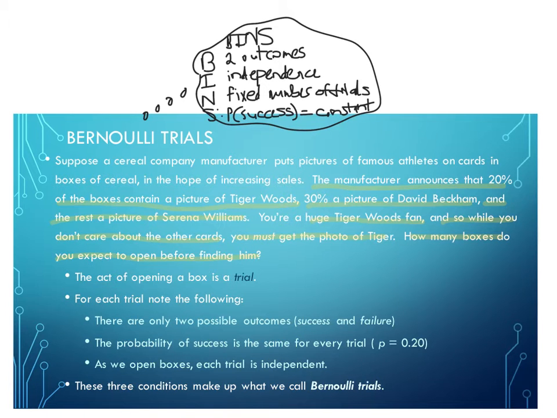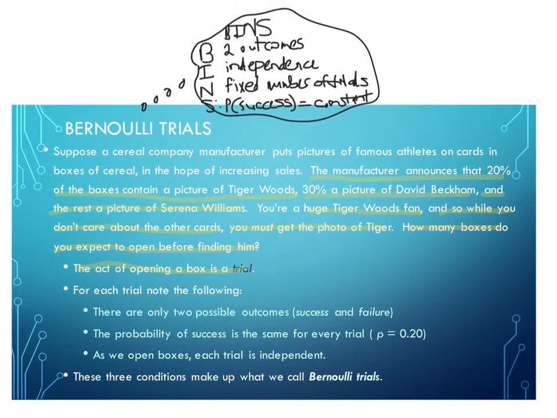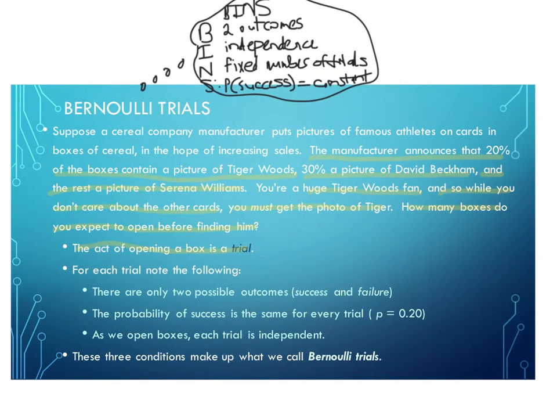Well, remember, this is a previous example we looked at earlier in the year. The act of opening a box is what we call a trial. And note, for each of our trials, notice we have only two possible outcomes, success and failure, right? We either get the Woods picture or we don't. The probability of success is the same for every trial.